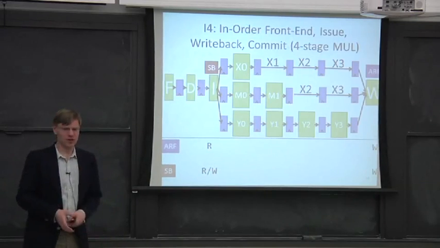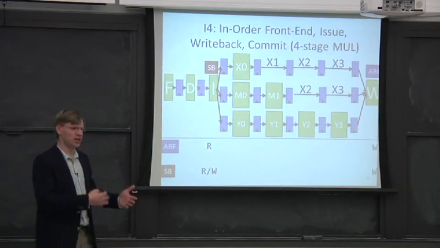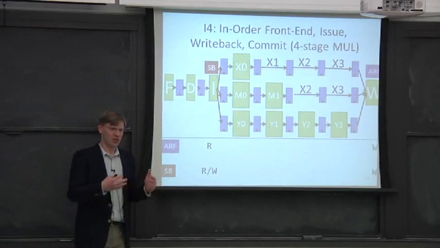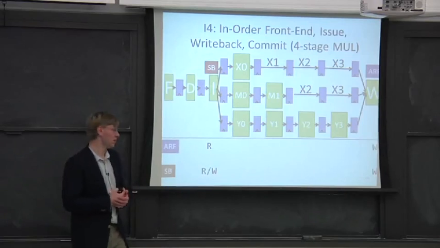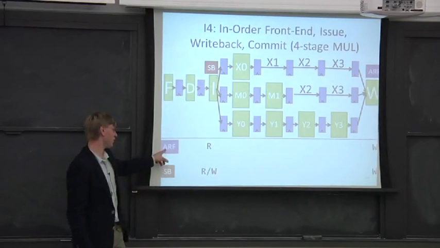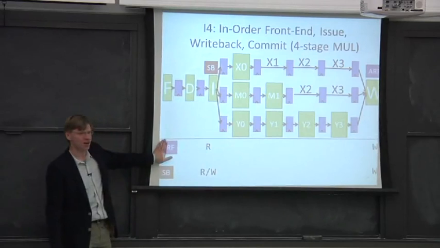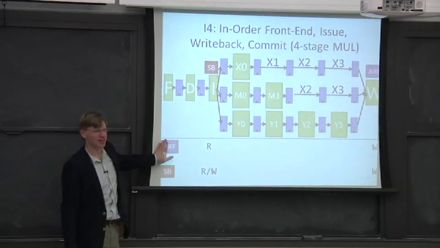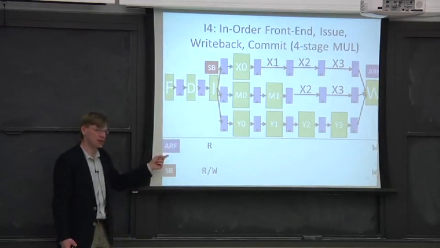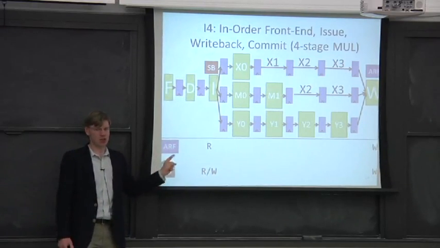The architectural register file is where we keep the canonical state of the machine that has been committed. Hence, it's called architectural register file. If you see me say register file, that may or may not be an architectural register file. It may have in-flight values, but the architectural register file is the committed state of the machine.